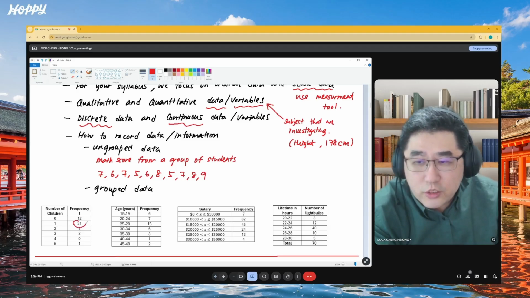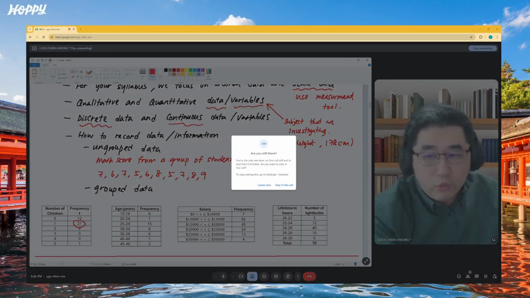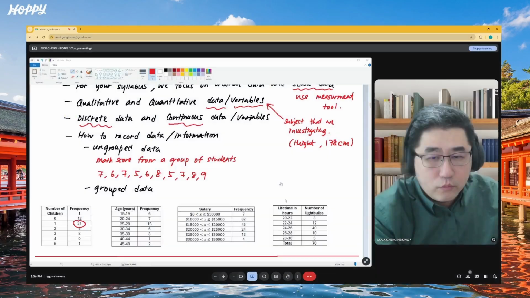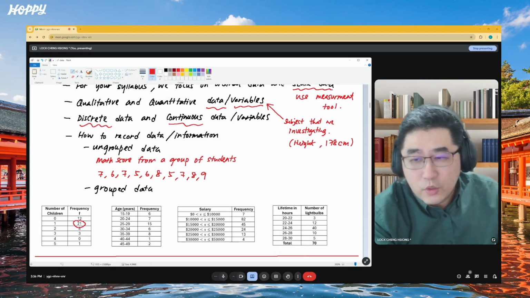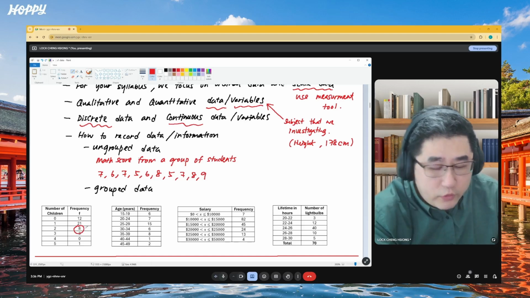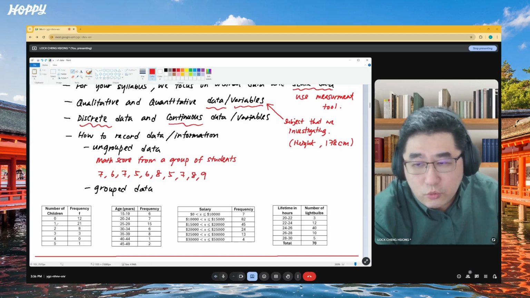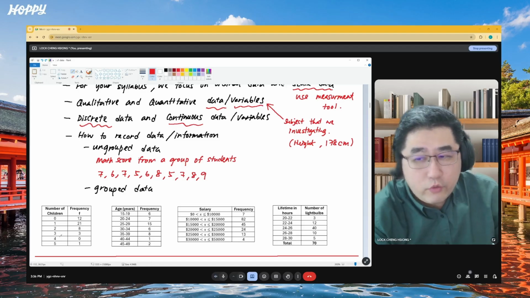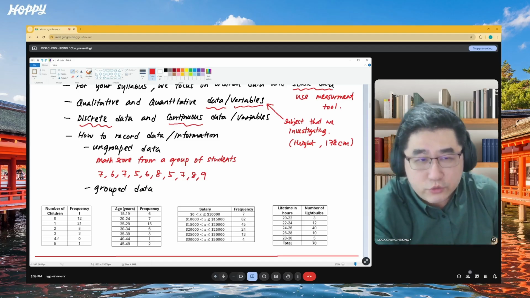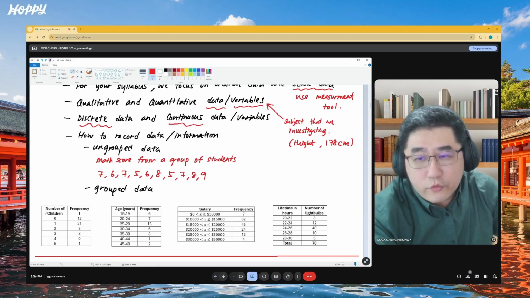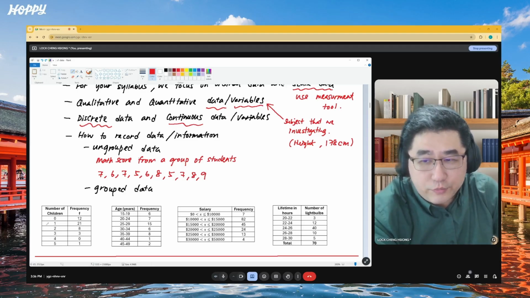There are 21 families with only 1 kid at home. Then maybe there are 8 families with 2 kids at home. So 0, 1, 2, 3, 4, 5, the number of children. So we can group it this way. Of course, this one is a discrete data.